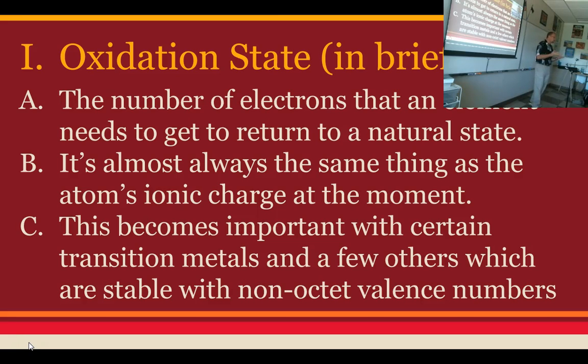So its oxidation number is +2. The oxidation number is almost always the same thing as the atom's ionic charge. For things that become an ion, like fluorine and like magnesium, the 2 examples I just gave you, you could ask yourself, what's the ionic charge of the atom at the moment? That is also its oxidation number.